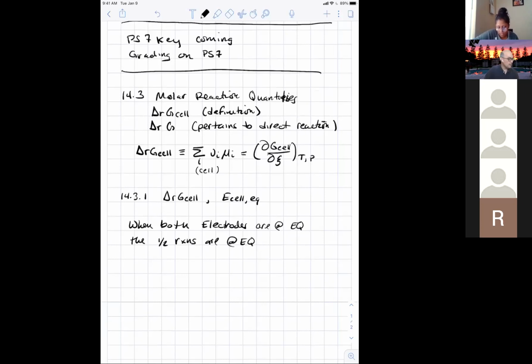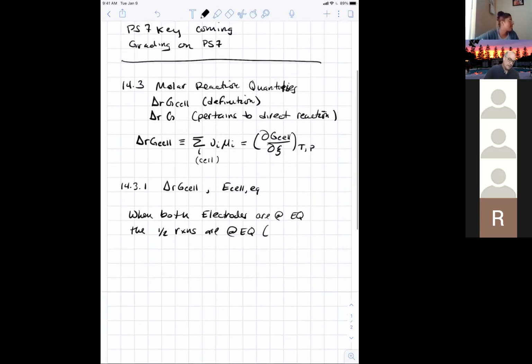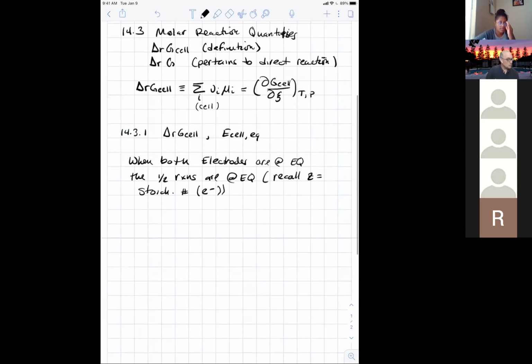And if we recall that we use this letter Z for the stoichiometric number, usually we think about this as the number of electrons in the reaction, but we want to be a little bit more specific for that.